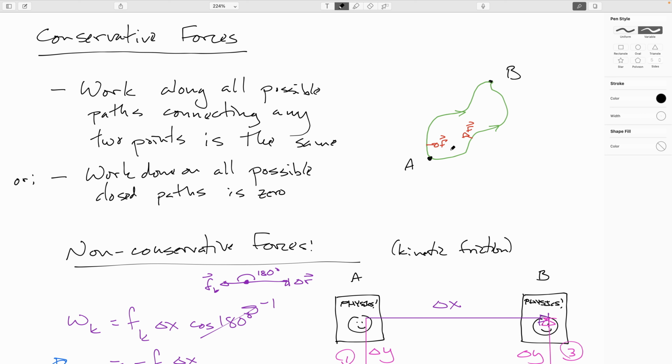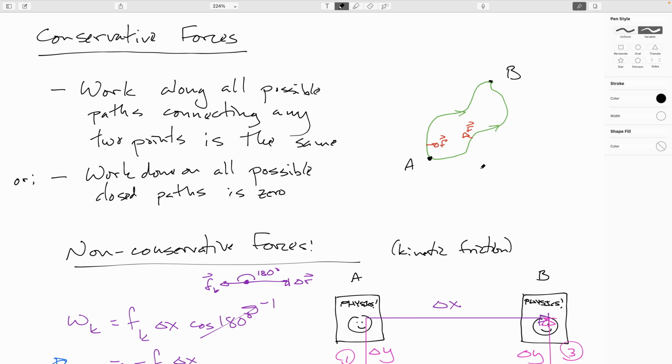If you can write such a function that only depends on the coordinates, on the configuration, that's a lot easier than evaluating an integral every single time, or having to think very carefully about how the force is pointing and the displacement is pointing. You'll just be able to plug and chug into an equation.